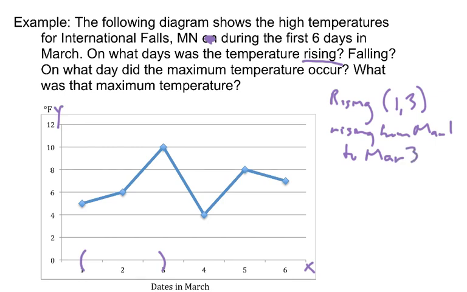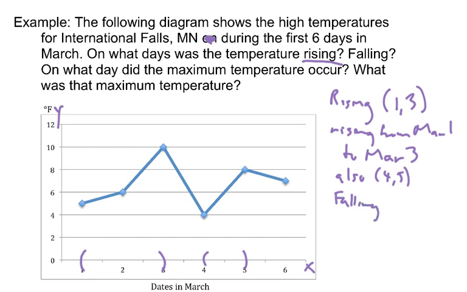Are they rising anywhere else? Well, look a little bit later. Between the 4th and the 5th, it went up again, so also on the interval from 4 to 5. So I can definitely talk about intervals where the graph is increasing. How about falling?